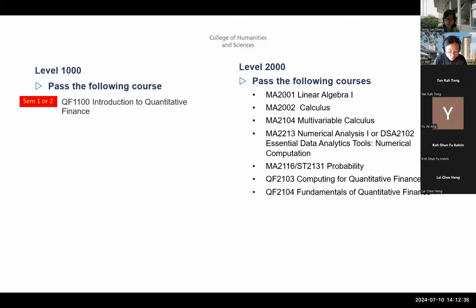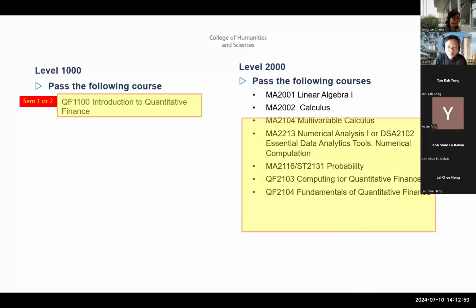This course has a prerequisite of a good pass in H2 Math or equivalent. One thing you might want to know is that this course is offered in both semesters of an academic year, so you can choose to take it in either semester 1 or semester 2. This is QF1100. Now let's move on to level 2,000.